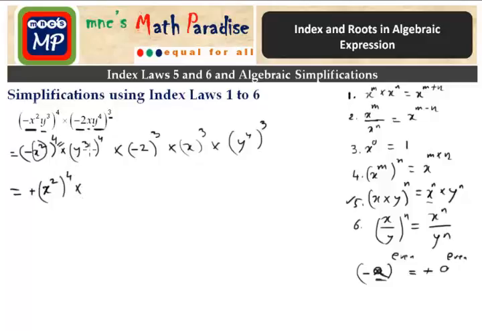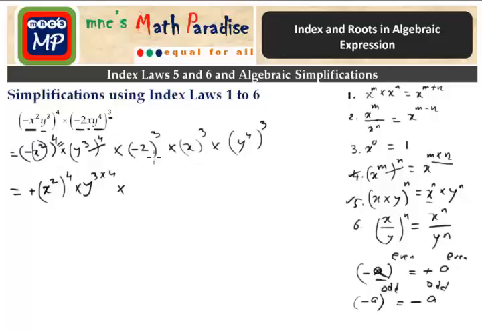Times y to the power 3 to the power 4. So powers will multiply according to index law 4: x to the power m to the power n, power on power, the powers multiply. So y to the power 3 times 4, times minus 2 to the power 3. Anything minus to an odd power gives us minus, and that base to the odd power.